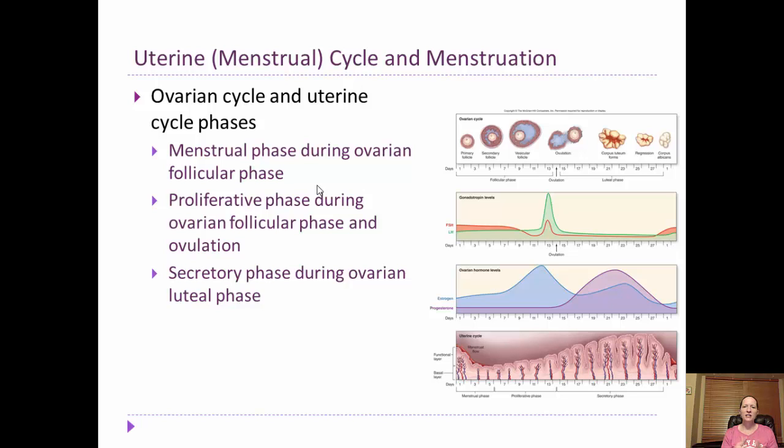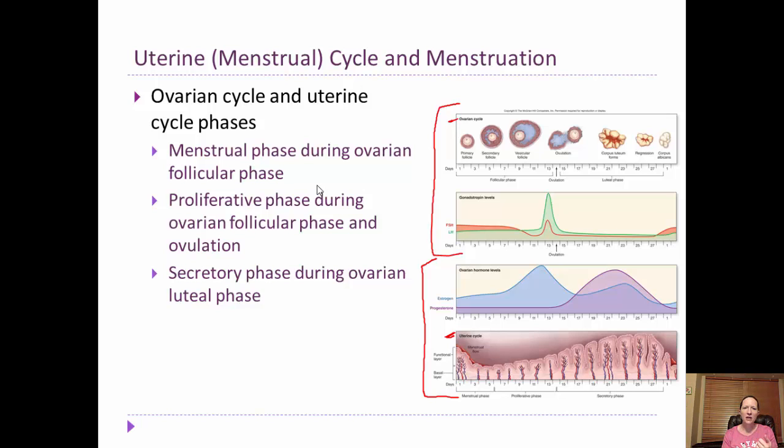So if we take a look, this is the chart put together. So we looked at this chart separated. Here's the ovarian cycle, and here is the uterine cycle. Specifically, this is the ovarian cycle and this is the uterine cycle, but it's showing the hormones that go along with it. And this is a great depiction of how these are going to be controlled together.